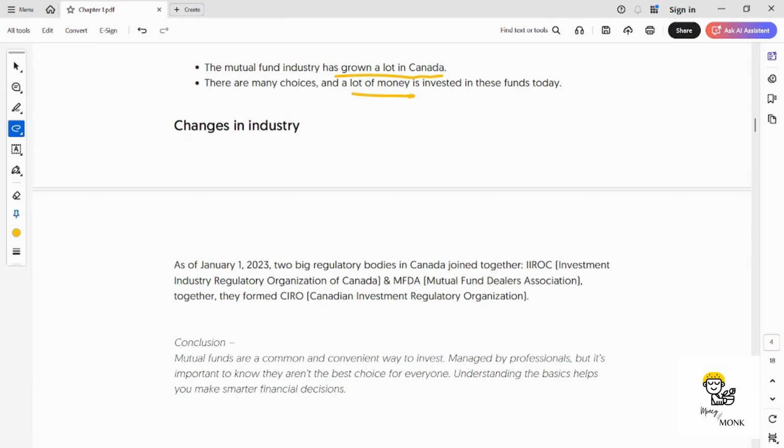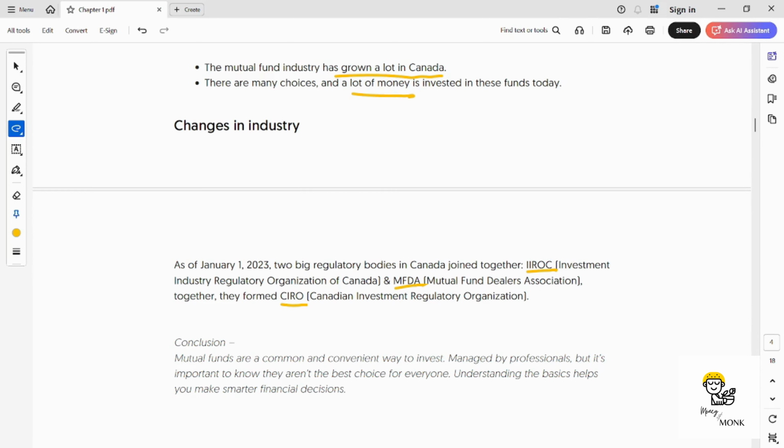As of January 1st, two big regulatory bodies in Canada joined together. IIROC, which is the Investment Industry Regulatory Organization of Canada, and MFDA. What is MFDA? Mutual Fund Dealers Association.